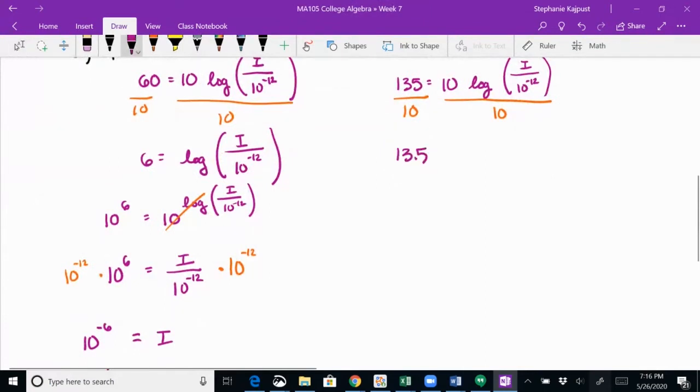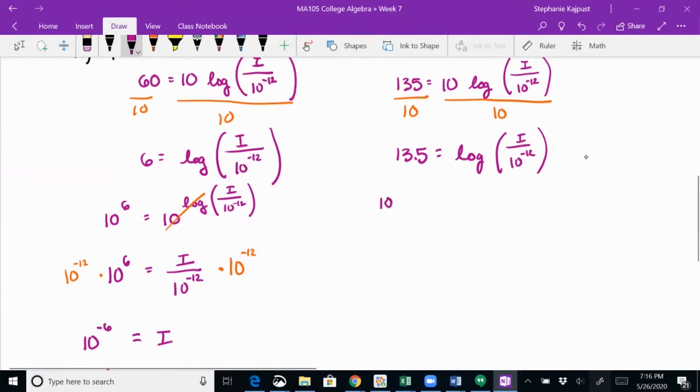So, okay, we have 13.5 equals log of I over 10 to the negative 12. To get rid of the log, which is base 10, I want to take an exponent on the 10. So I'm going to raise each side of my equation to be the exponents.